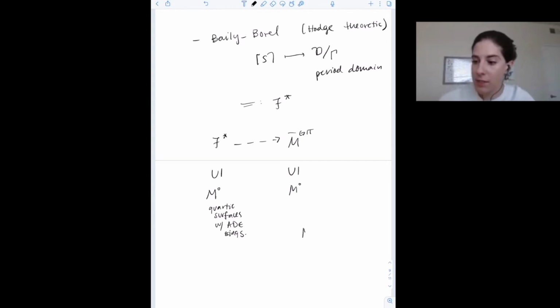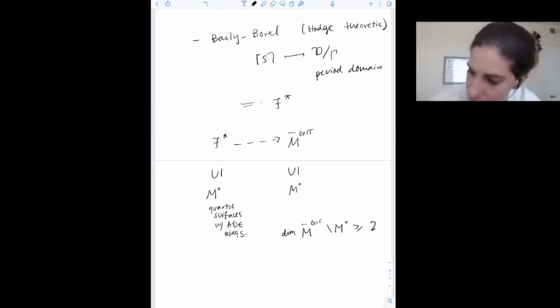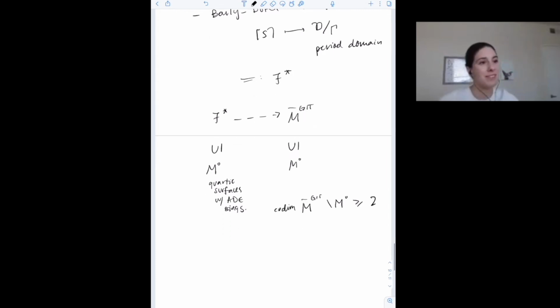But some of the differences here: in the GIT moduli space, the complement of this locus parameterizing the good quartic K3 surfaces is small. So the codimension of the complement is at least 2.